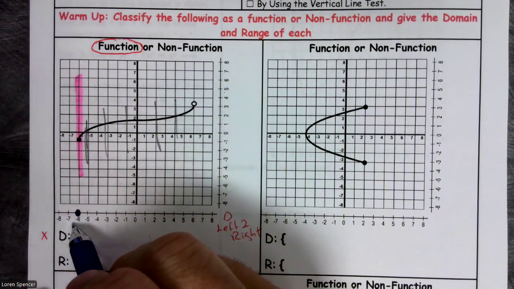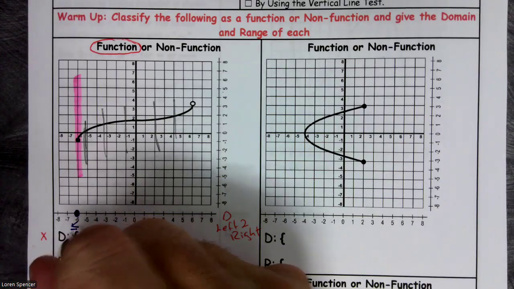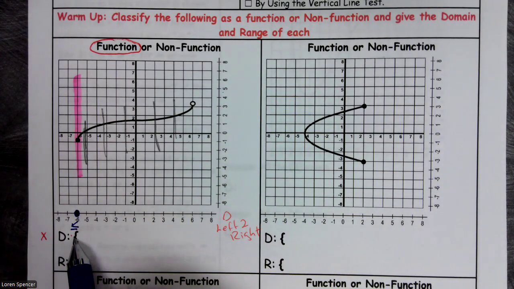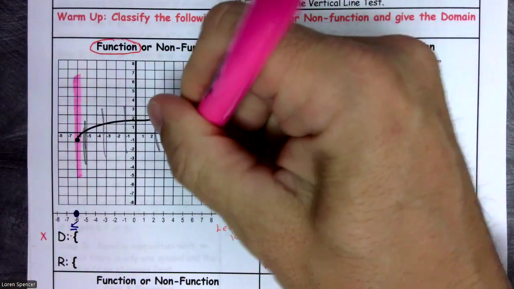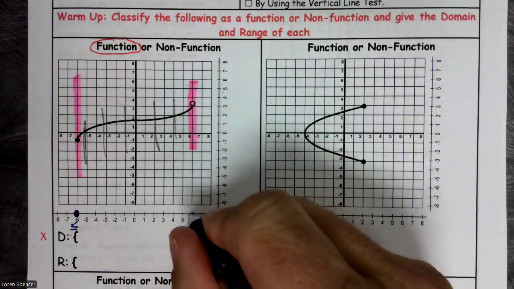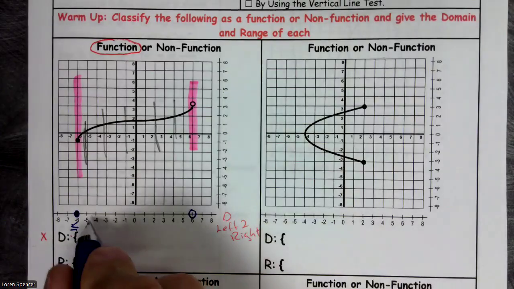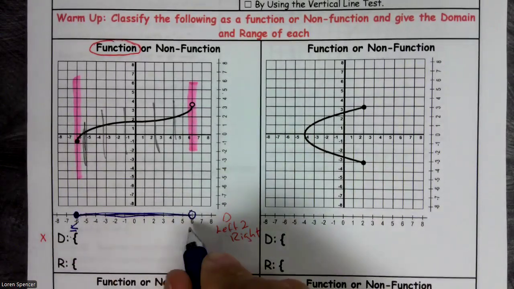And remember, with a solid, we are going to use the one with a line underneath it, so a less than or equal to. Then furthest to the right, we're over here at +6. Well, +6 has a hollow, so I need to circle a hollow here.